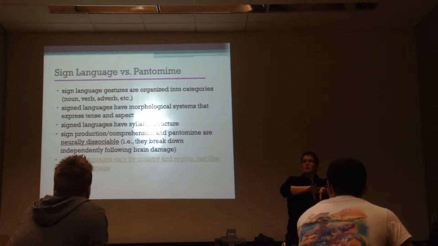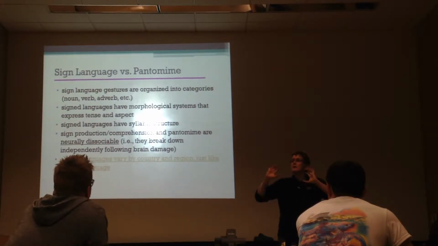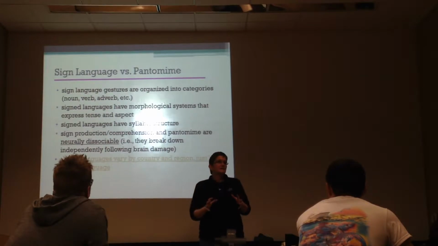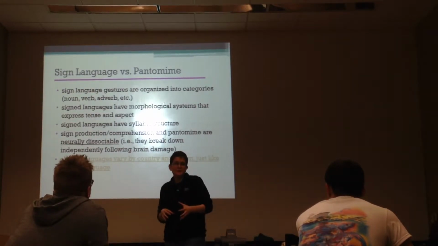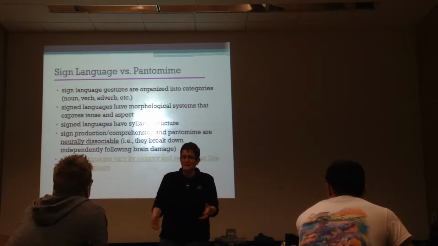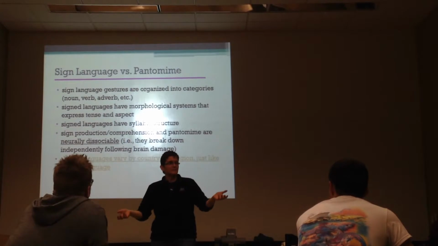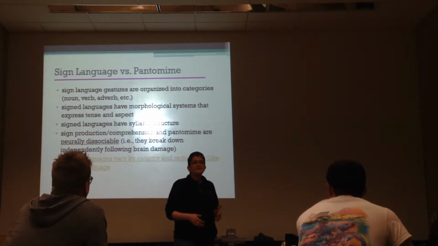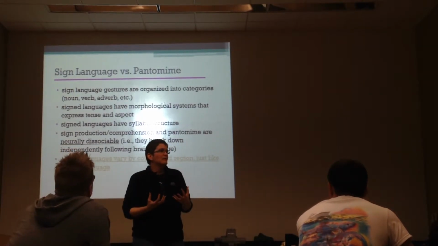We can show, if we scan the brain, that if someone is signing, their brain is acting like they're talking. If someone's doing pantomime, their brain is acting like they're moving. So the brains of people who are just acting out something, like playing charades, are doing something different, even if you're trying to express a meaning with your gesture.